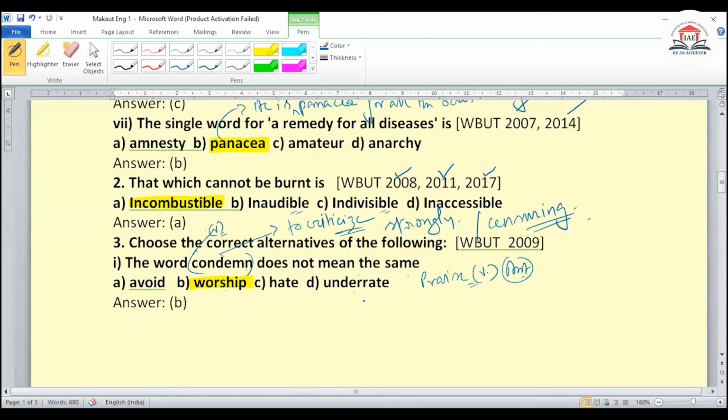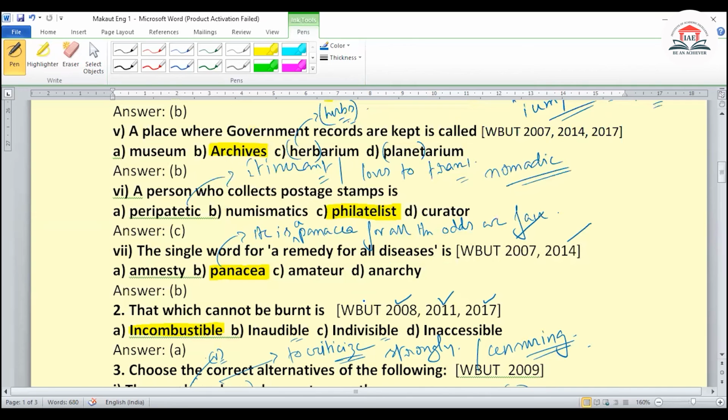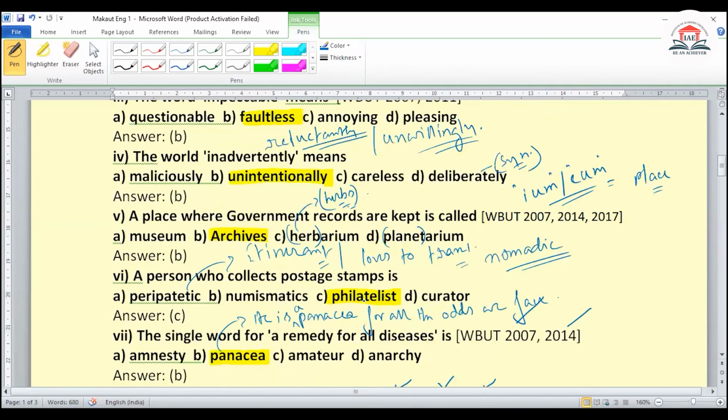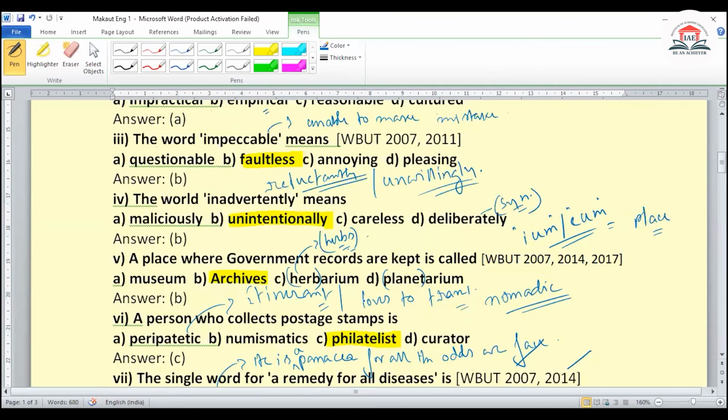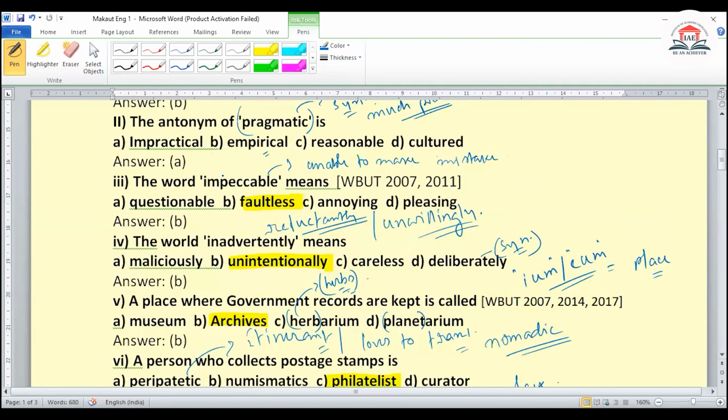See again, we have incorrigible, we have impeccable. Where is the word impeccable? Right here. We have impeccable. What is the difference between impeccable and incorrigible? How can we relate the words impeccable and incorrigible?